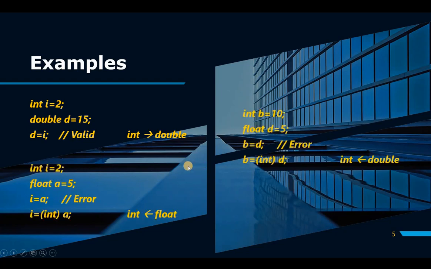Now the last one, again, here int b is equal to 10, float d is equal to 5, b is equal to d, which I'm saying take my 5 and put it inside the b. This is going to give me an error again because I'm trying to downcast it. I'm trying to go from a bigger number to a smaller number, and I have to explicitly mention that I'm trying to go down to an int.